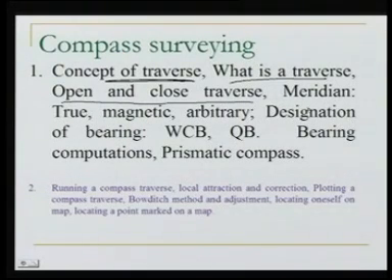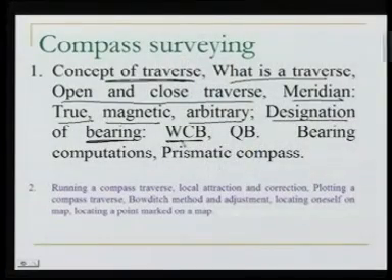We will look into the meridian, which could be true, magnetic, or arbitrary. We will look into how we designate the bearing. Right now the word bearing may not be very clear to you, but once we discuss it, it will become clear. What is the meaning of bearing? What are the systems in which we record it? The WCB and the QB. And then finally, some computations for the bearing.